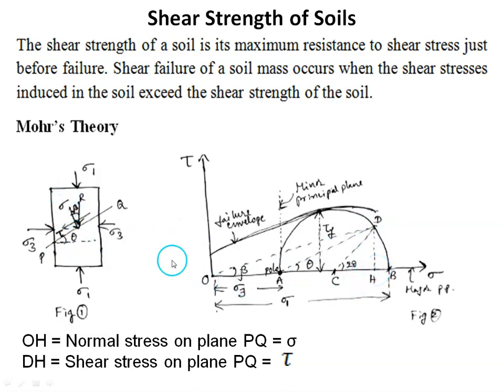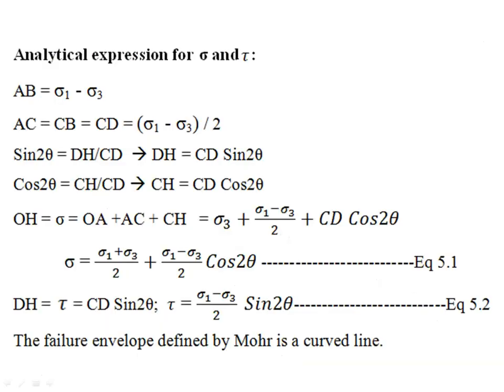So knowing the values of major principal stress, minor principal stress and the angle made by the failure plane with the major principal plane, that is theta, we can find the normal stress and shear stress corresponding to failure. So that is the graphical solution.